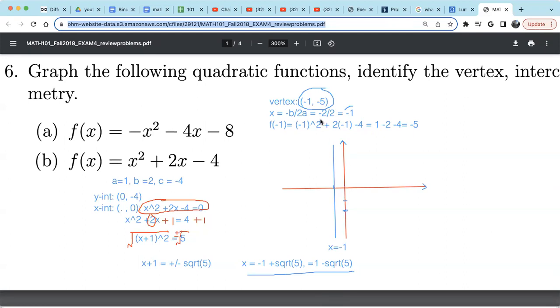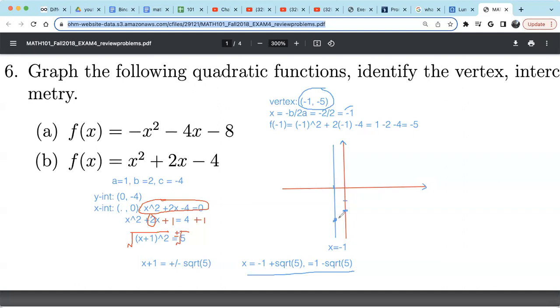Now we have a vertex, which is (-1, -5), on this line of symmetry. We can just draw a little bit lower. So this point has x value -1, y value -5.